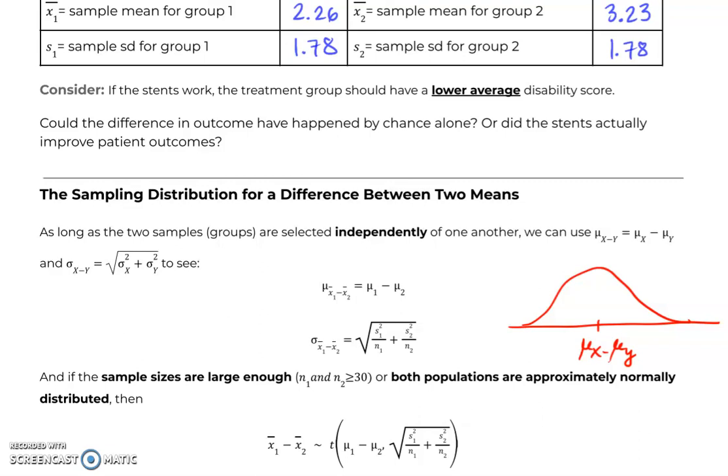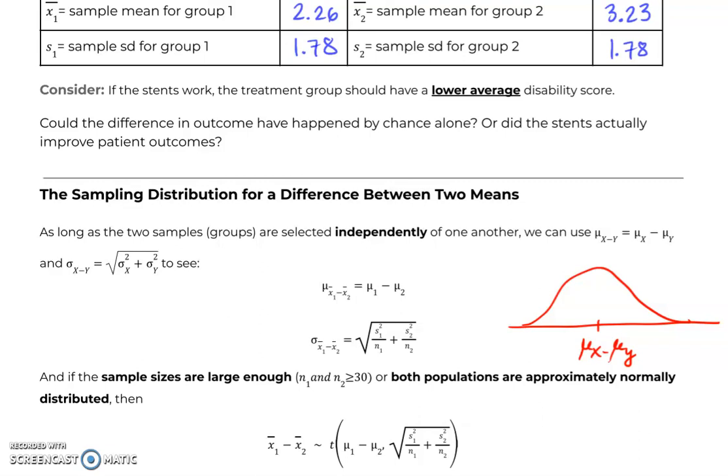So if our sample size is large enough, and we had our rule of thumb of having at least a sample size of 30, same thing holds here when we have two independent samples. Each needs to be a sample size of at least 30, or both distributions come from a normal distribution.